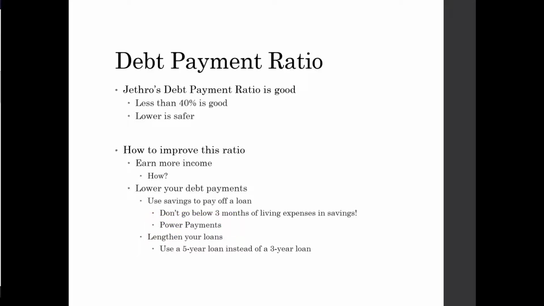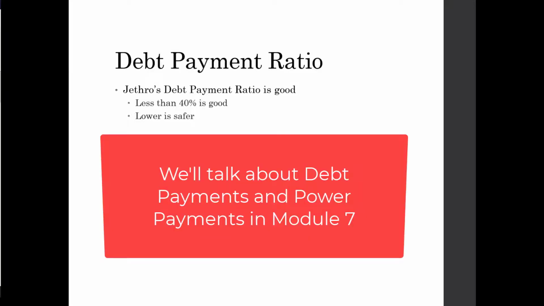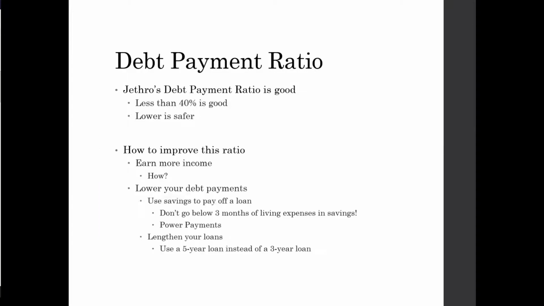You have a car payment of $300 a month and a house payment of $1,000 a month. Well, let's pay off that car loan, and then that $300 that we used to make on the car loan, guess what? We're used to not living with that money. So let's apply that to our mortgage, and we'll pay our mortgage down a whole lot faster and save ourselves some interest as well. So we can use some of our savings to pay off these loans. But again, try not to drop below 3 months of living expenses in your savings accounts.